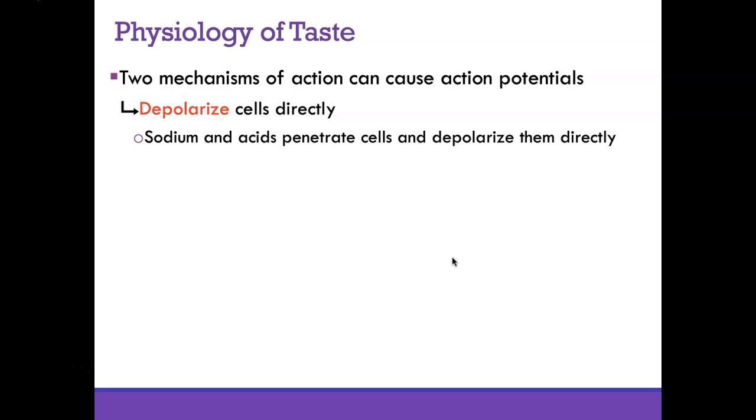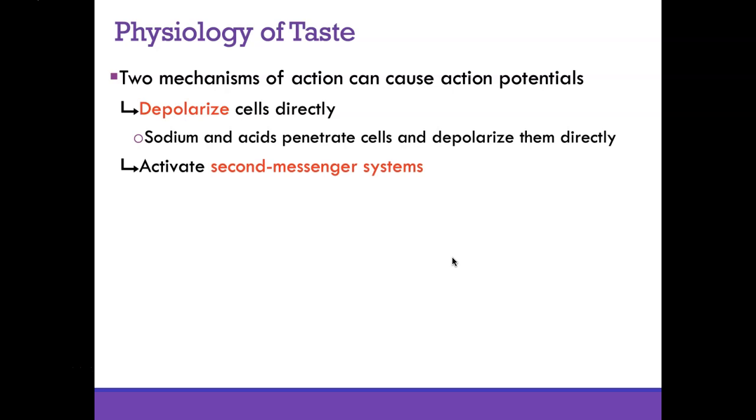Certain acids and metal ions, like sodium, can actually go directly into cells, depolarize them, and cause action potentials that go to the brain. H+ is in acids, right? So when you eat a citrus fruit, those protons, those acidic molecules, can directly depolarize cells and tell the brain that you're eating something sour.